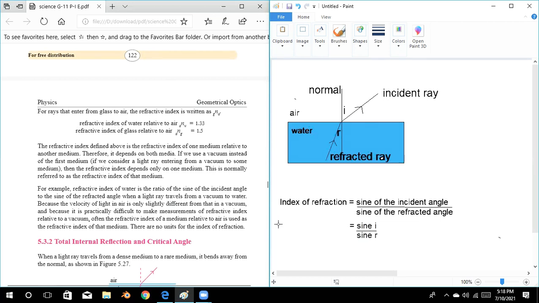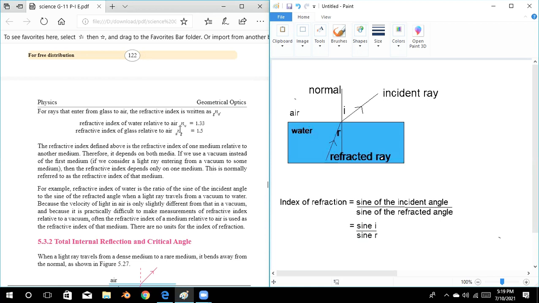According to Snell's law, the sine ratio is constant. Here it is always constant for the two media. Here, the refractive index of water relative to air, that is air to water, is 1.33.